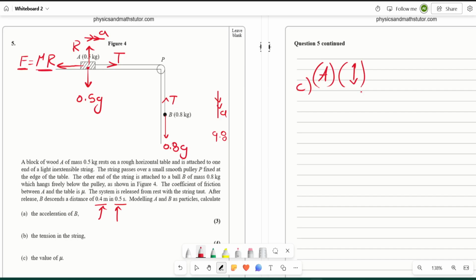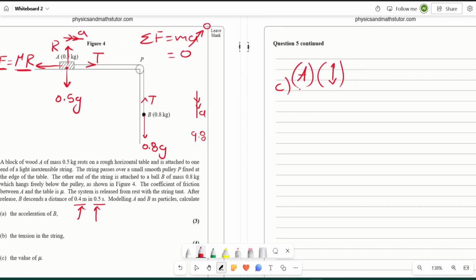So I need to think, when I'm considering up and down, is there any acceleration up and down? Is this block going to move up or down, or is it on a horizontal level? It is on a horizontal level, so the acceleration up and down is 0. And this is a case where we are in equilibrium in this direction. So in this direction, the sigma forces is going to equal ma. a is 0, so sigma forces is going to equal 0 in the up and down direction.